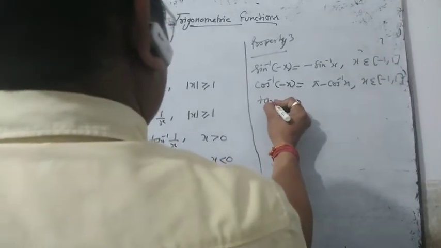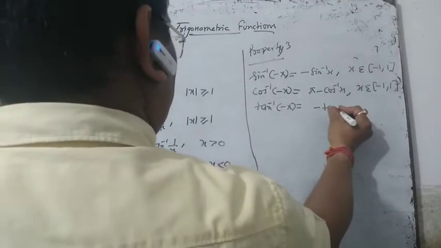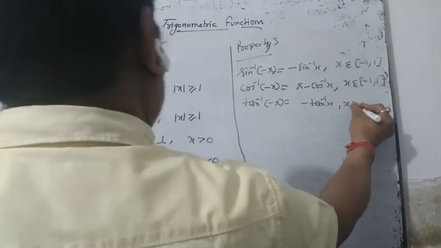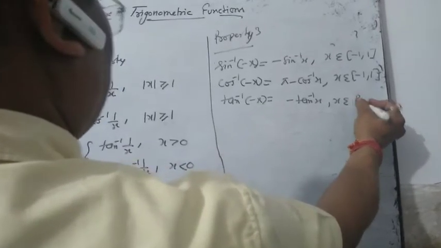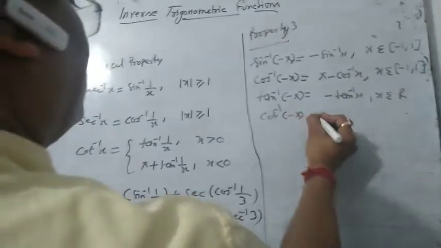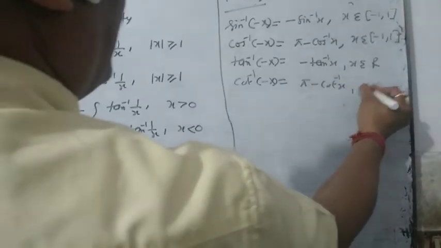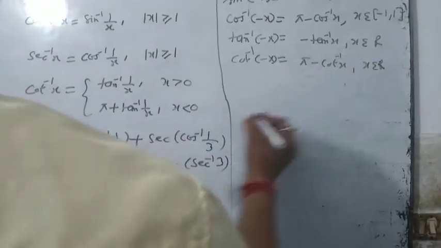Tan inverse of minus x is equal to minus tan inverse x, where x is an element of real numbers. Cot inverse of minus x is equal to pi minus cot inverse x, and x is again an element of real numbers.